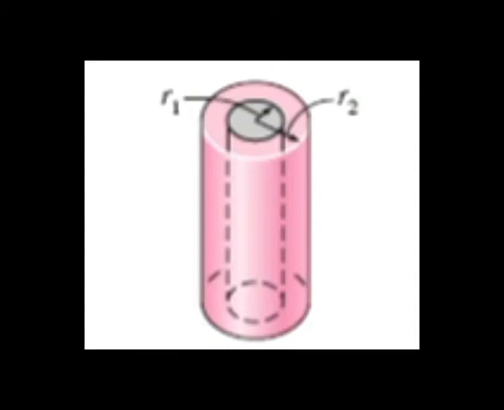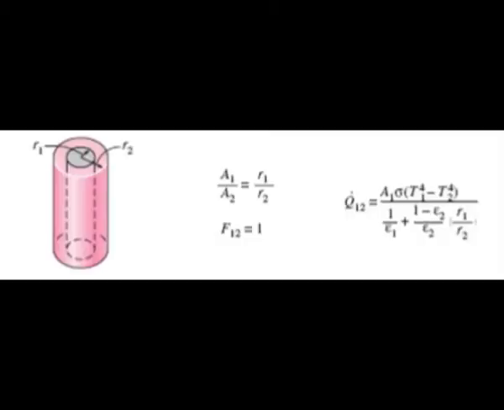We can use the formula given, which is Q12 equals area of surface 1 multiplied by the Stefan-Boltzmann constant multiplied by T1 to the power of 4 minus T2 to the power of 4, divided by 1 over emissivity of surface 1 plus (1 minus emissivity of surface 2) over emissivity of surface 2, multiplied by the bracket of R1 over R2.